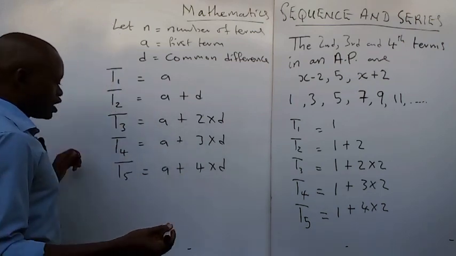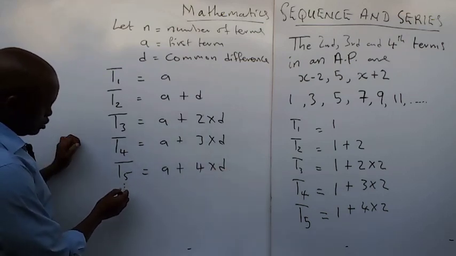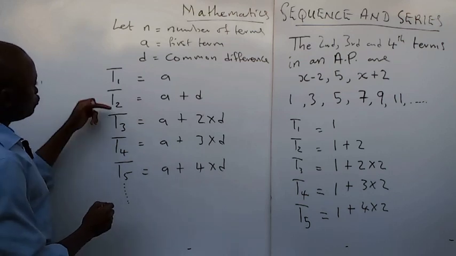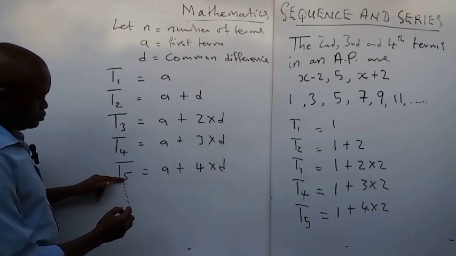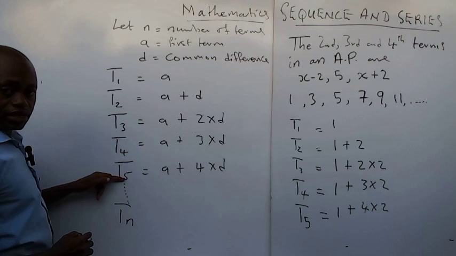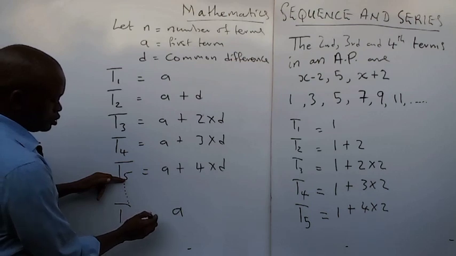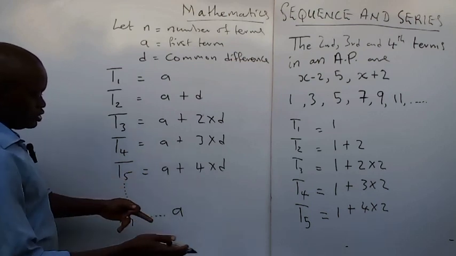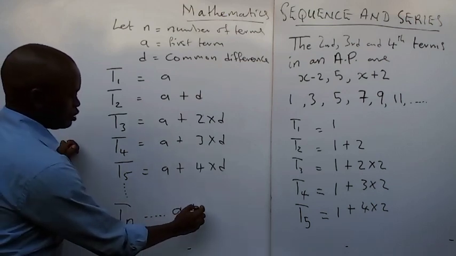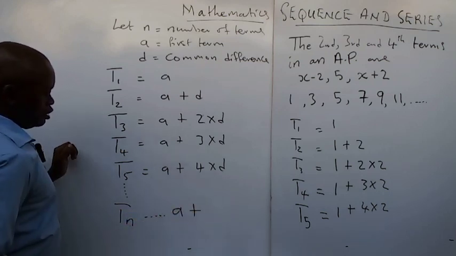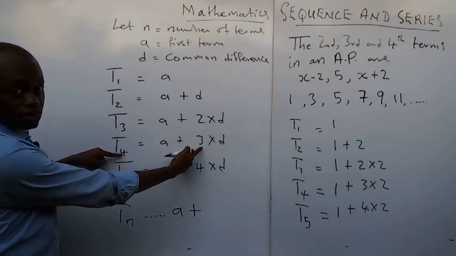Let's conclude. We can now draw a conclusion here by saying that in this order, if this continues, for every nth term, you see that when n is 5, that is Tn, for every nth term Tn, what we are going to have is A plus, in bracket, do you realize that when n is 4, this is like 4 minus 1?